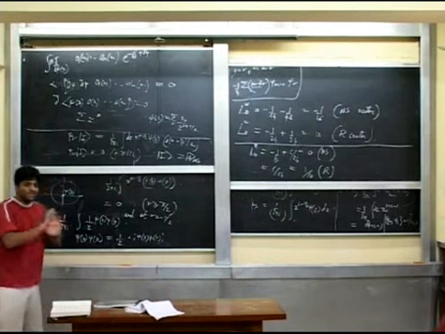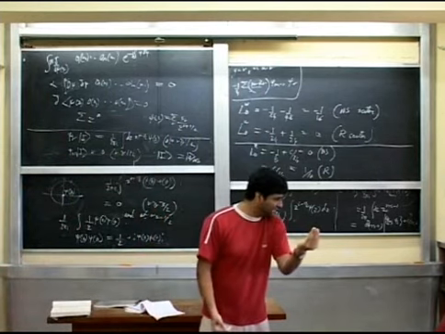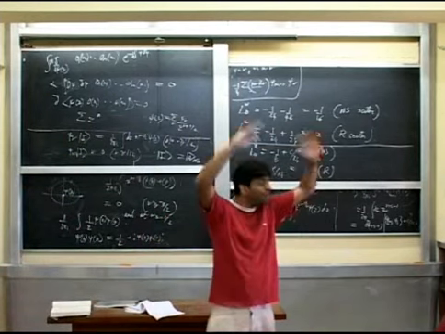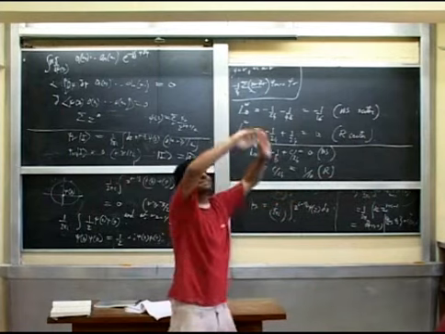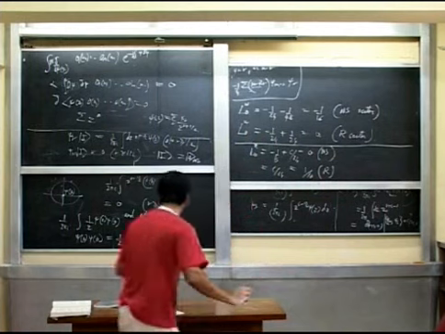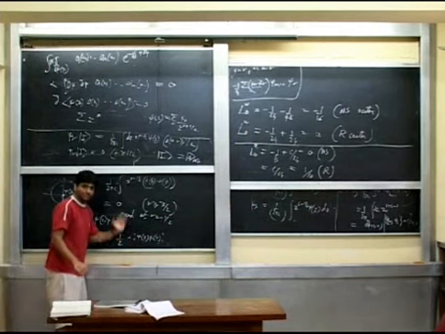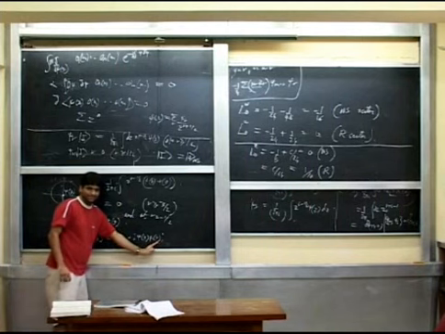All I'm trying to do is expand the local statement about operators in play, without referring to what the state is. Is that clear? So thank you for the correction. This is conformally normal ordered.